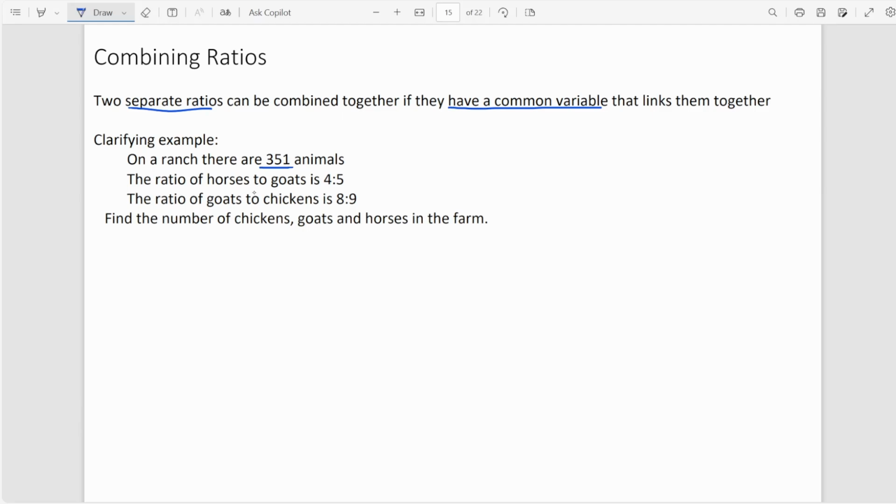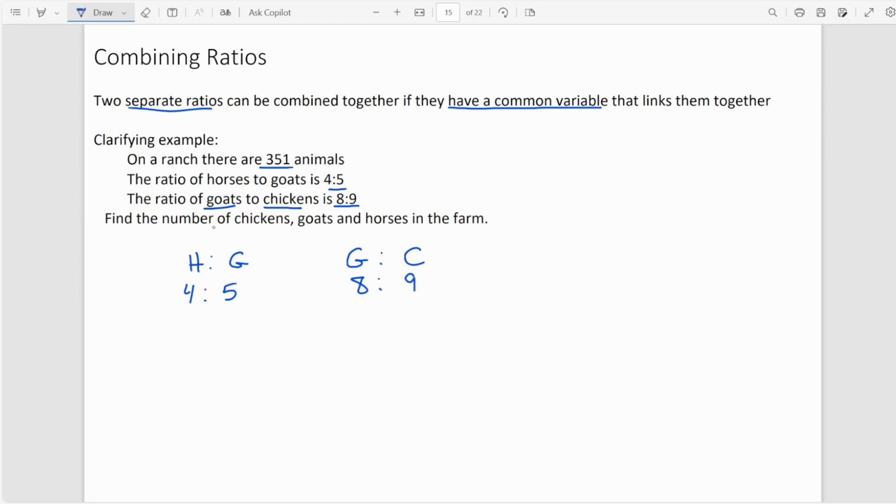The ratio of horses to goats is 4 and 5. I would write this. So horses to goats, it's 4 to 5. The ratio of goats to chickens is 8 to 9. So ratio of goat to chicken is 8 and 9.